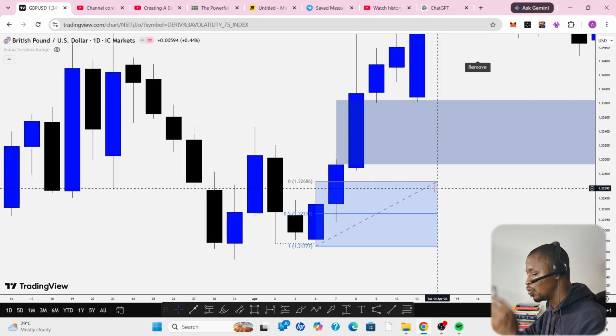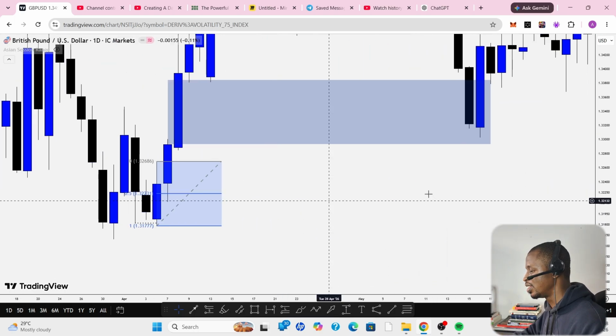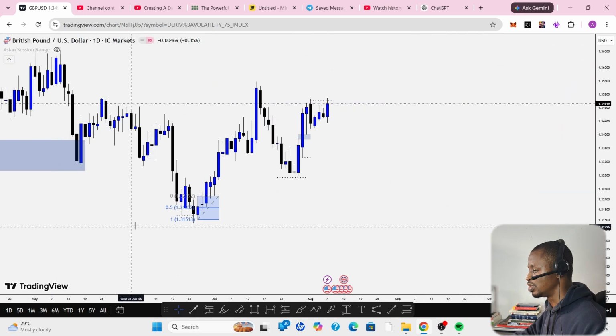If you go to your 4 hour or 1 hour, you are going to see a perfect area for you, either on a fair value gap or on a nice order block, for you to trade off from. So this is how to build your bias mechanically, right? You don't want to be doing things randomly in the market.